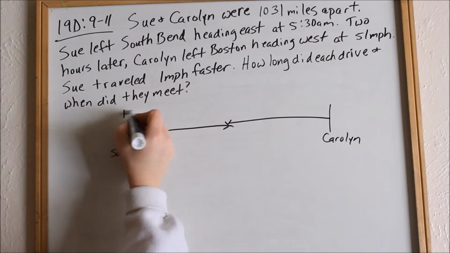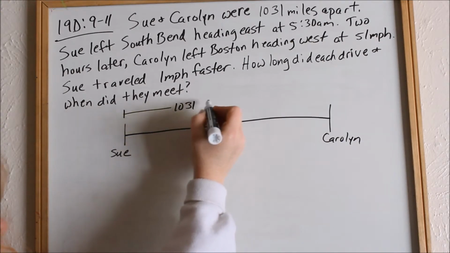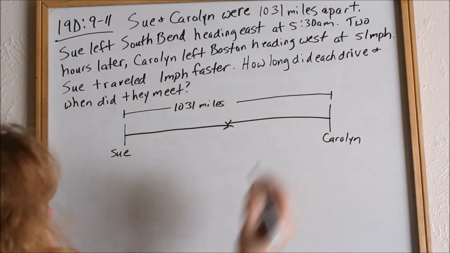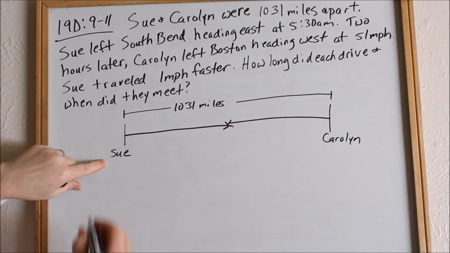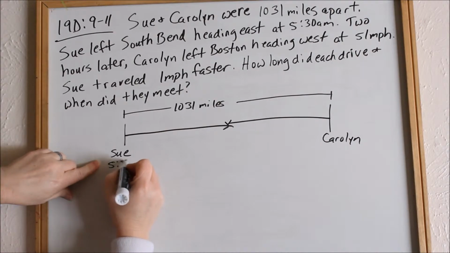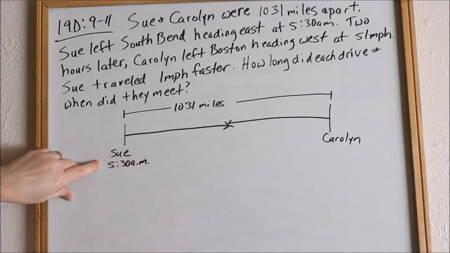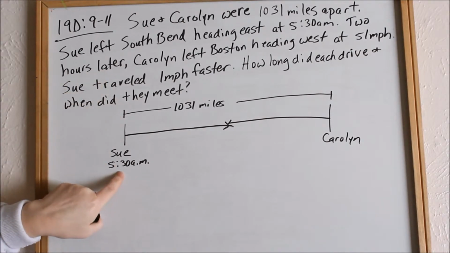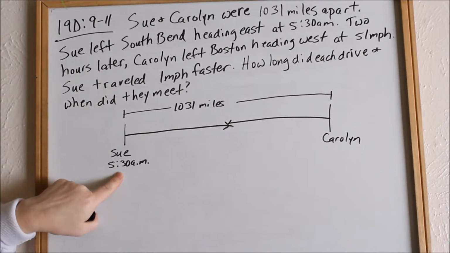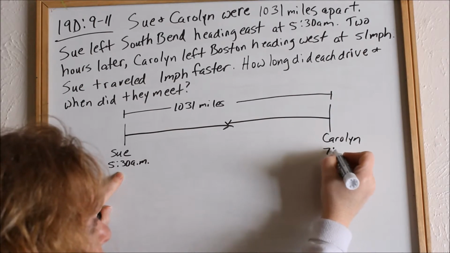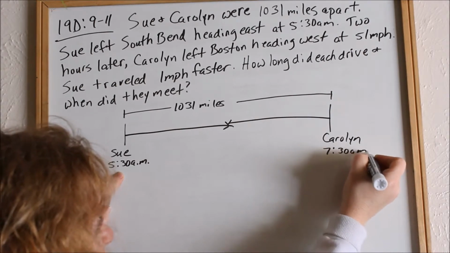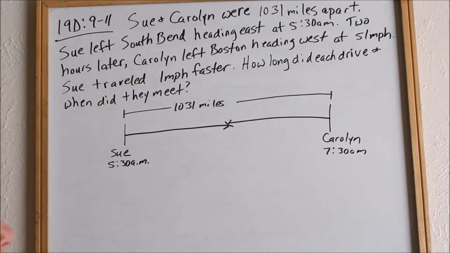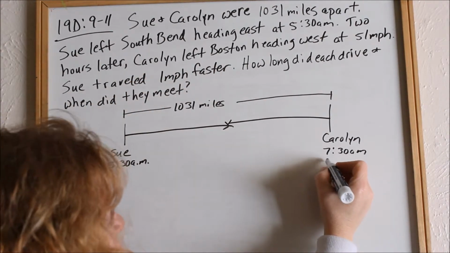Okay, and then it said that they were 1,031 miles apart. Then it said Sue left at 5:30 a.m., so I'm just going to write this information right over here with her. And then 2 hours later, Carolyn left. So if Sue left at 5:30 and Carolyn left 2 hours later, that means she left at 7:30 a.m. And then it said Carolyn was going 51 miles an hour.